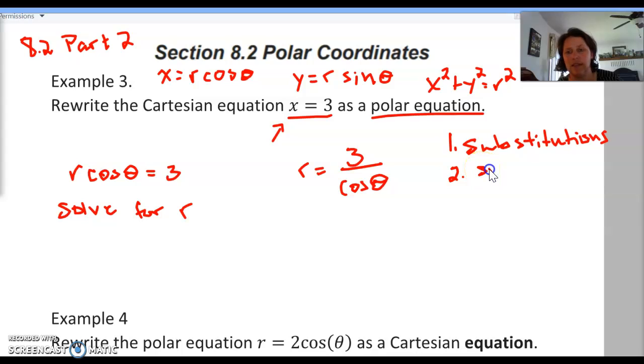So this one we didn't have any simplifying to do, but we might have fractions and fractions within a fraction, or be able to simplify or get rid of parentheses, or lots of different things. And then the last step that you want to do is to solve for r. So polar equations should be solved for r. Cartesian equations will be solved for y.